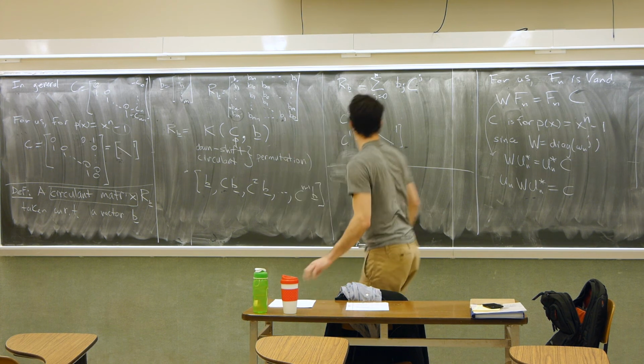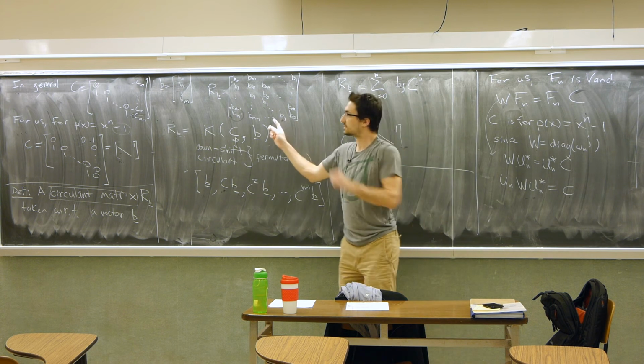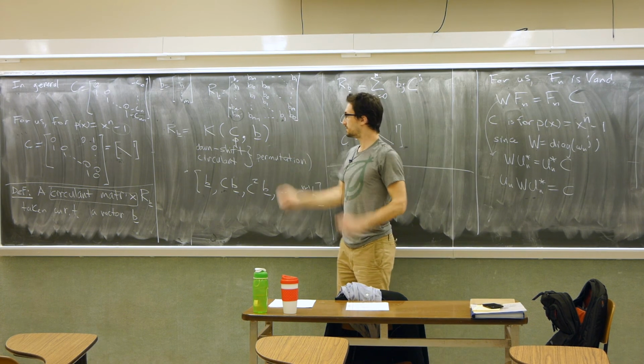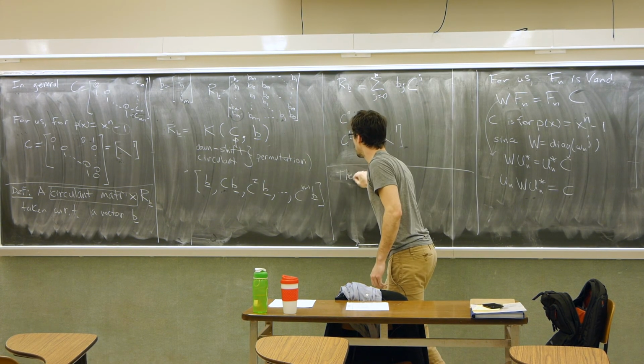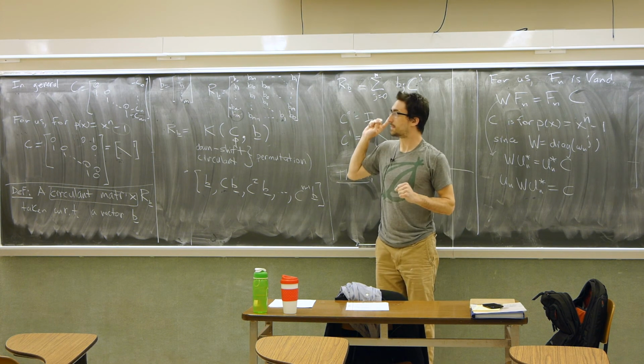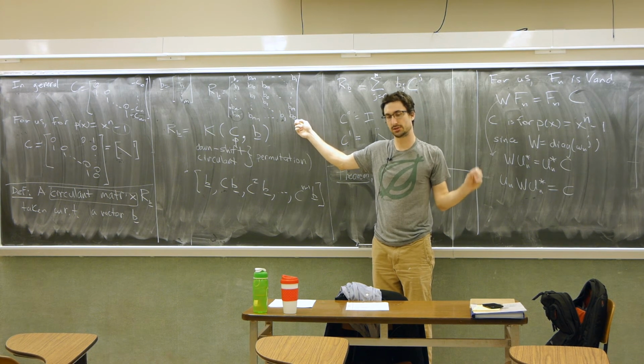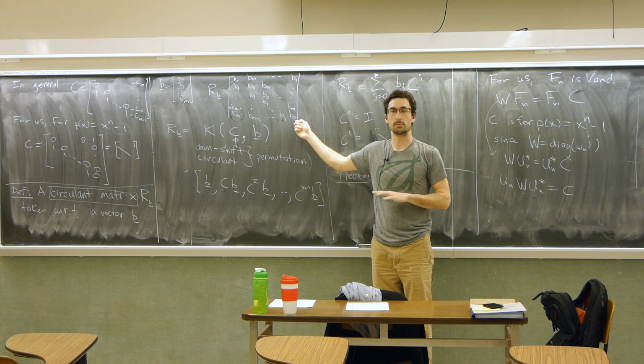All right, cool. So the reason circulant matrices are important is because, theorem, the reason we're able to do fast matrix vector products with circulant matrices is because they are built out of the Fourier matrix.